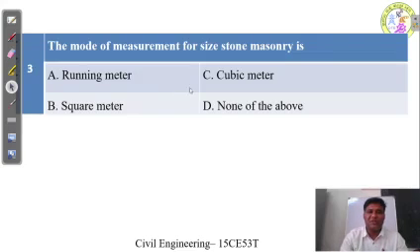The mode of measurement for sandstone masonry is A, running meter, B, square meter, C, cubic meter, or D, none of the above. Sandstone masonry will always be measured in cubic meter. So C is the right answer.